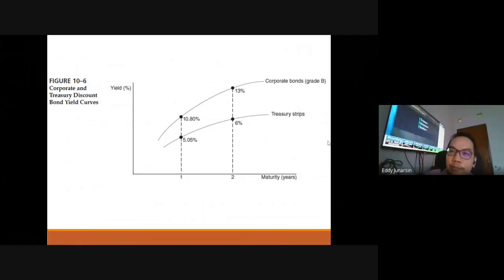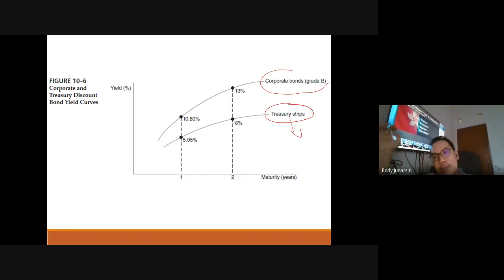So we see there are two types of bonds. The first one is treasury strips. This is the government one. The U.S. Treasury is the Ministry of Finance. They call it the Department of Treasury. In other countries, we might call it the Ministry of Finance.